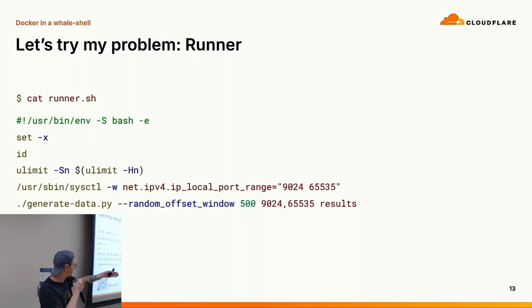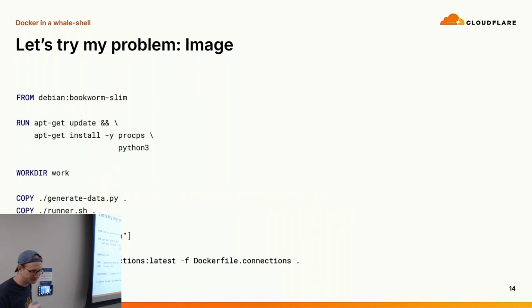Perform the sysctl to basically tell the Linux kernel to give me this many ports to be able to allocate, but there are strict defaults there. And then my little Python script that generates the data, runs the performance analysis, and gives me my results, right?